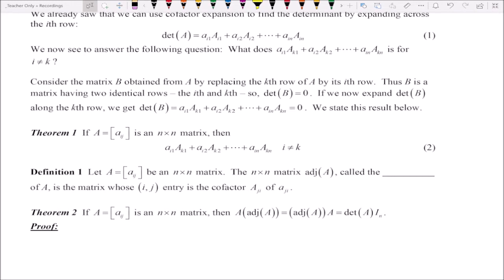All right. Our definition: let A be an n by n matrix. The n by n matrix adj of A, which is called the adjoint of A, is the matrix whose ij entry is the cofactor A sub ji of the ji entry.